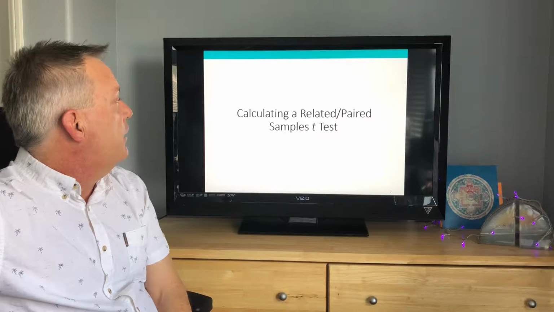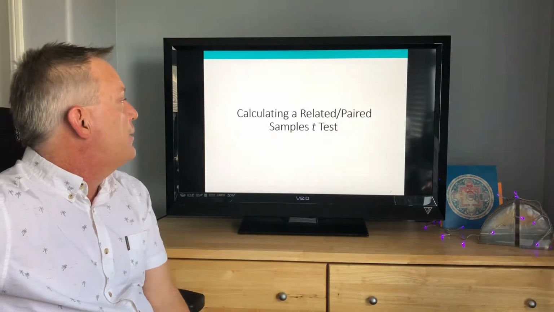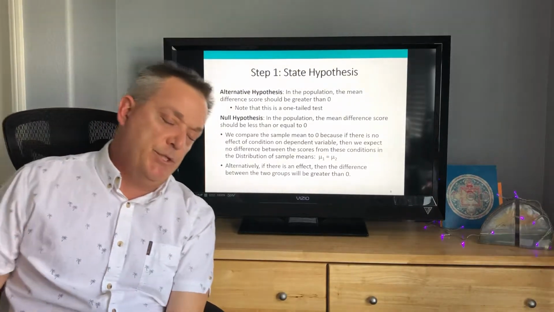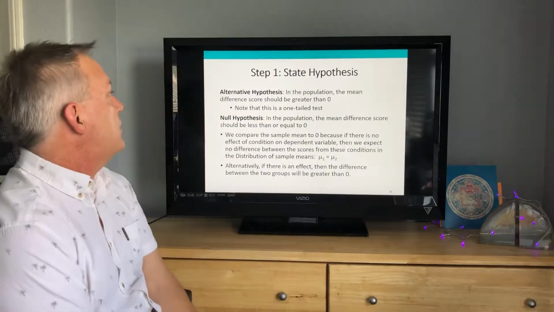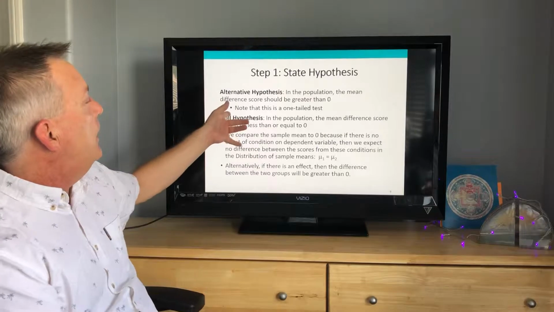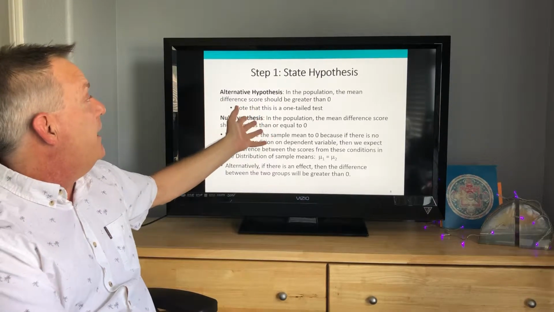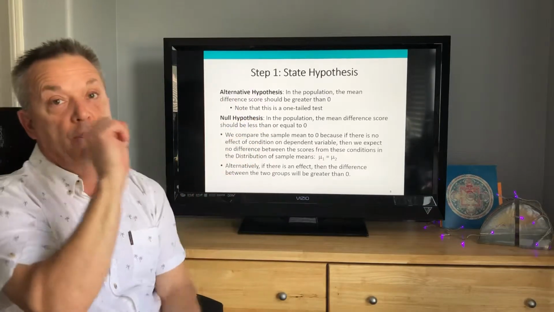And so let's take a look at how to calculate a paired samples t-test. Again, step 1, state our hypothesis. In this example, the alternative hypothesis is that in the population, the mean difference score should be greater than 0.